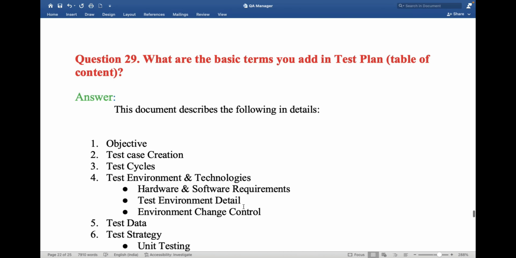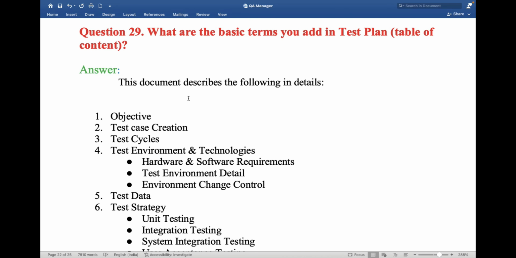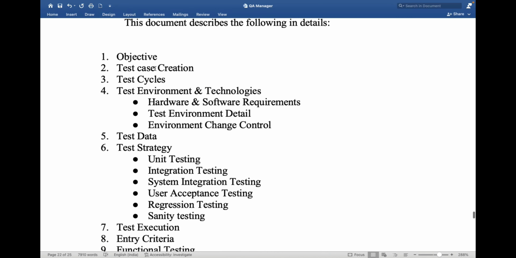Next question is, what are the basic terms you add in test plan? Means you also have to explain the table of content. Friends, this particular document basically describes the following in detail. First one is the objective. Second, test case creation. Third, test cycle. Fourth, test environment and technology.